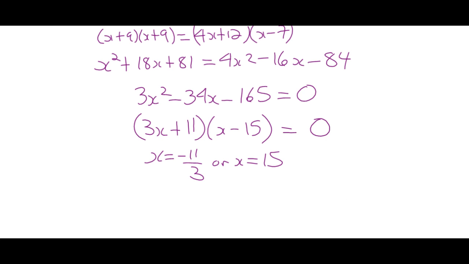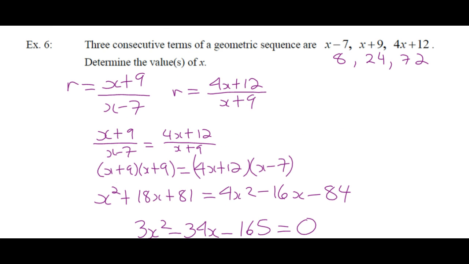If it's negative 11 thirds, what do we get? We get negative 11 thirds minus 7 would be negative 32 thirds. Negative 11 thirds plus 9 would be 16 thirds. And this will give me negative 11 thirds plus 36, negative 7 thirds.